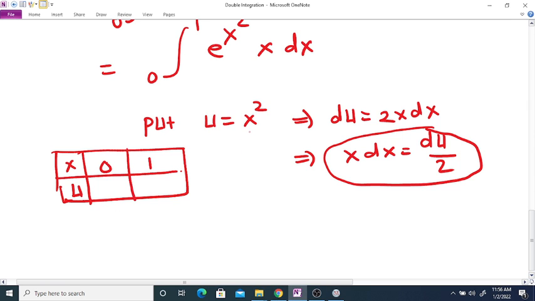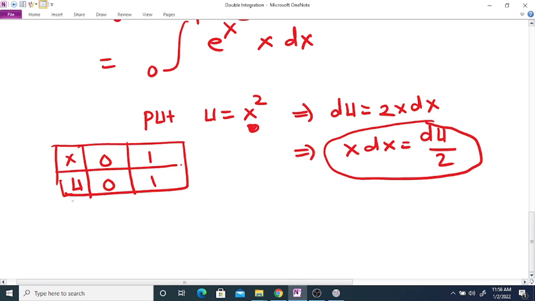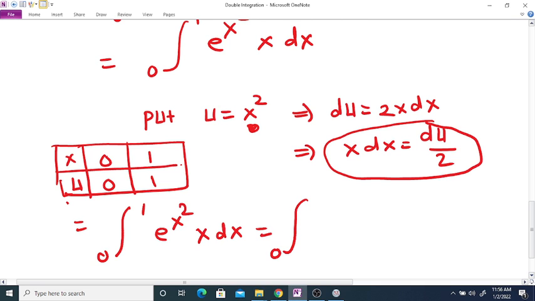If we substitute x is equal to 0, then u is also 0. If we substitute x is equal to 1, then u is also 1, and therefore the integration from 0 to 1 of e raised to x square x dx becomes the integration from 0 to 1 of e raised to u du by 2.